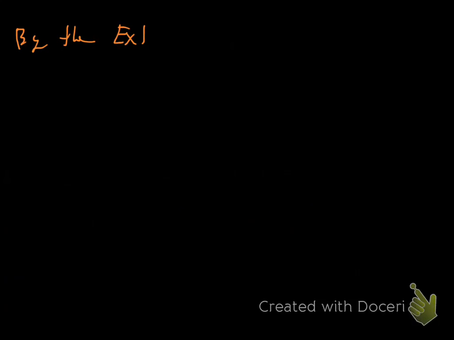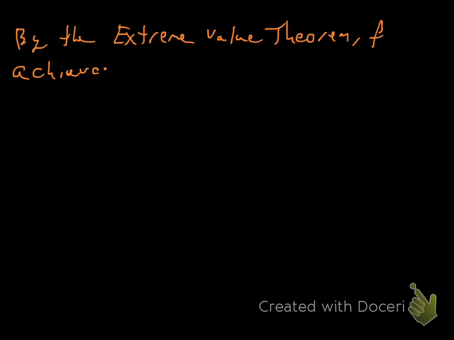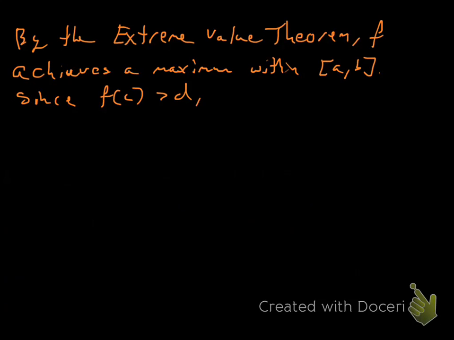By the extreme value theorem, we know that because the function's continuous on the closed interval [a, b], it's going to achieve a maximum and a minimum, but we're going to focus on the maximum within the closed interval [a, b]. Since f of c is greater than d, the maximum is not going to be at the endpoints, because this f of c is larger than the endpoint outputs.